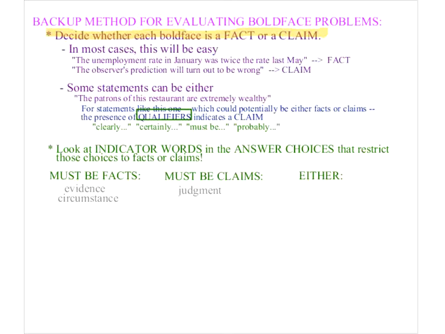What about a conclusion? C, F, or E? Okay, in these arguments, I'm going to give you guys an asterisk here. What the asterisk means is, in their arguments, conclusions are always claims.